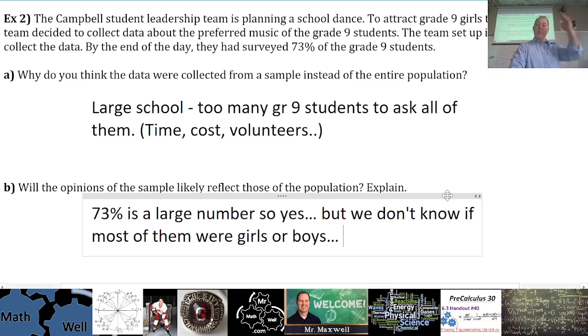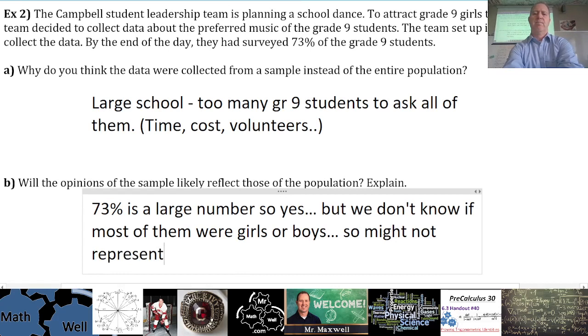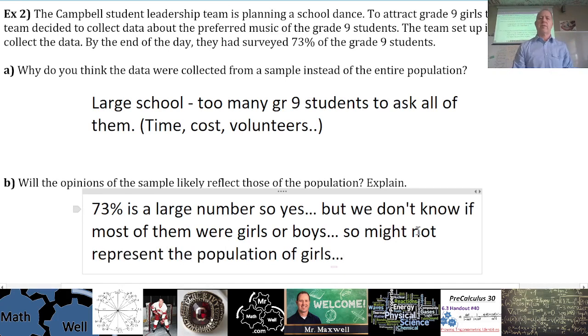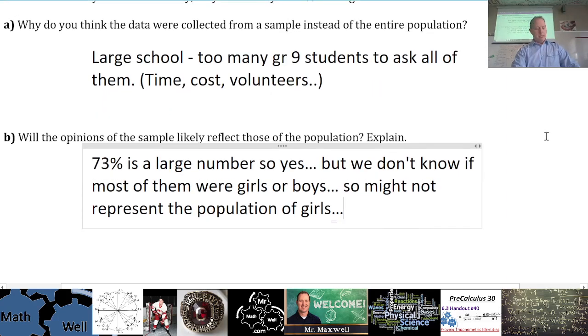So 73% is a large number, which is good, but we don't know if most of them were girls or boys, so I would just say it might not represent the population of girls, which I think is what they were after. So that's just some of our thoughts there. Anything else? Okay. All right. So yeah, at a large school, this could still be 150 people or something. You imagine that takes a lot of time to ask those questions.